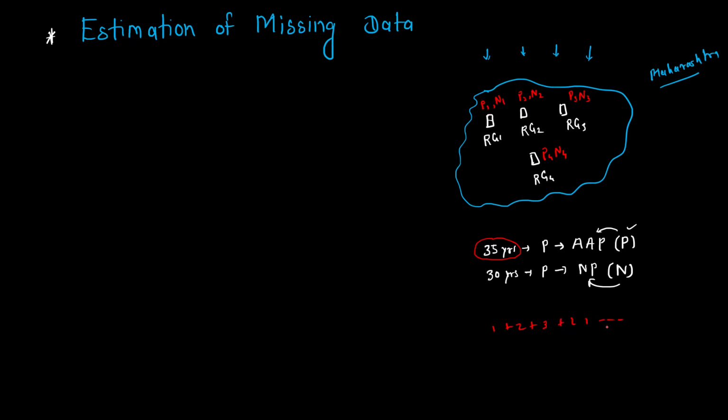Now in these last 35 years, let's say in the 10th year there was some problem and we are not getting the data, so the data is missing there. So we cannot take the average of the last 35 years if the data is missing. Now how can the data be missed?